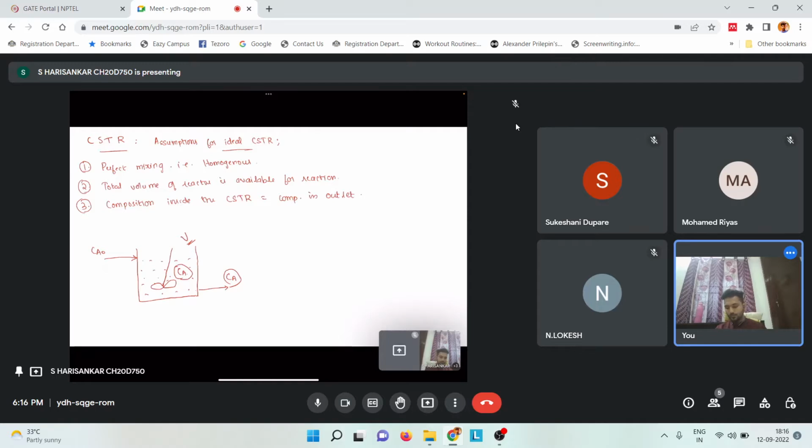Okay. So when we come to the design equation, we can start by writing the material balance: A in minus A out is equal to A reacted plus A accumulated.